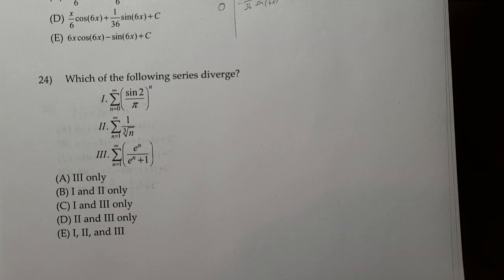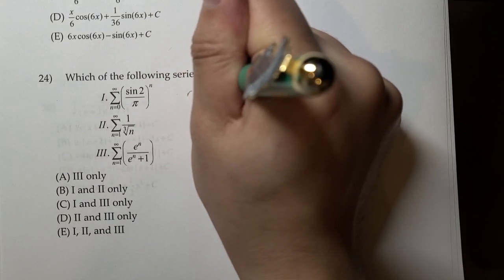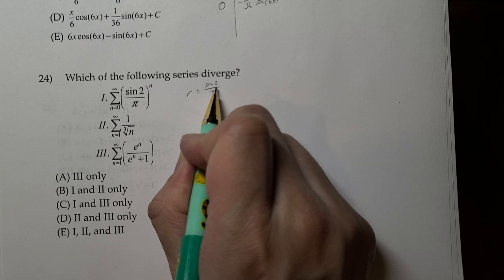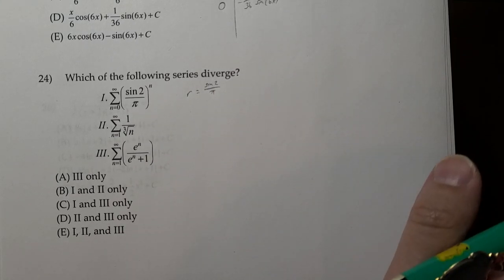the first one, does it converge or does it diverge? That's a geometric series. The common ratio, r, is sine 2 over pi. What is this value? You got to be smart about it. Sine of something is always between -1 and 1, okay?